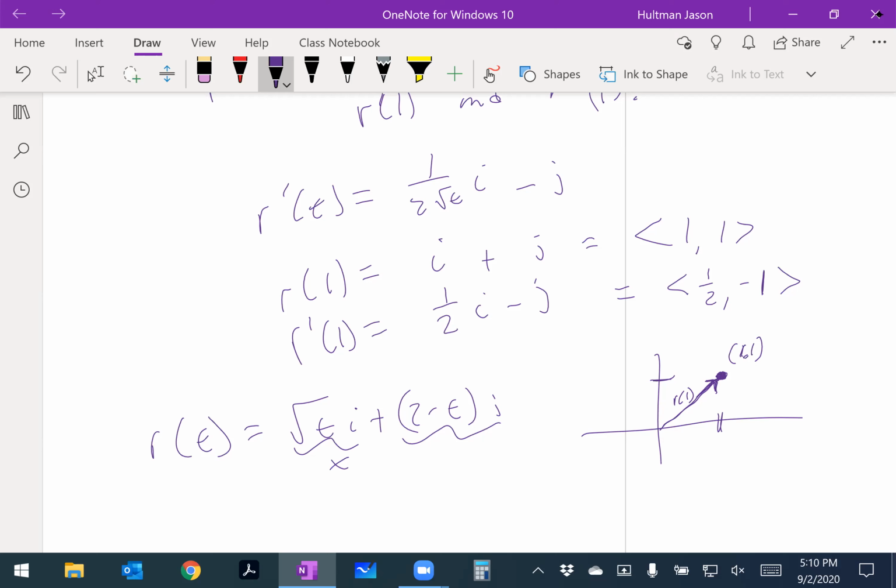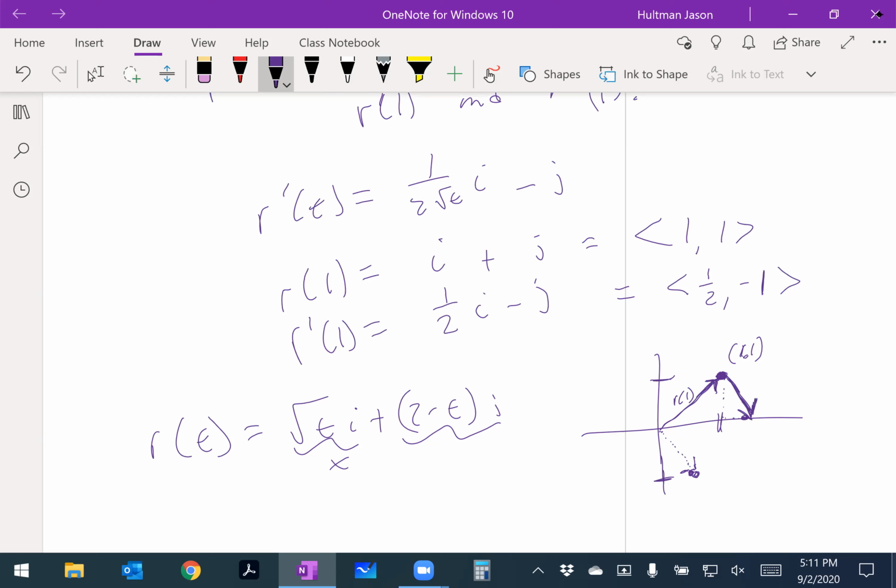If I started it at 0, it would look like this. We're going to go negative 1/2 in the x direction, negative 1 in the y direction. So that's not where it is. That's not the location of this vector. The location of this vector really is from this point.